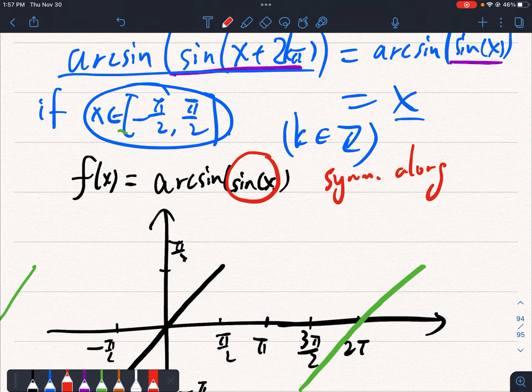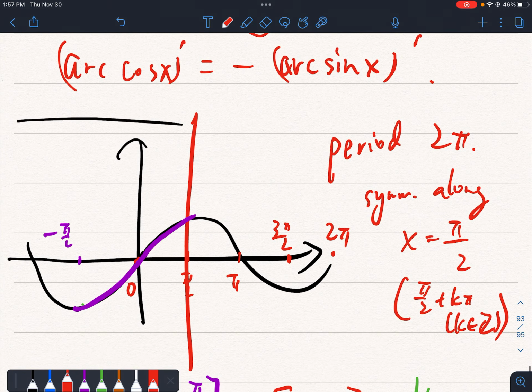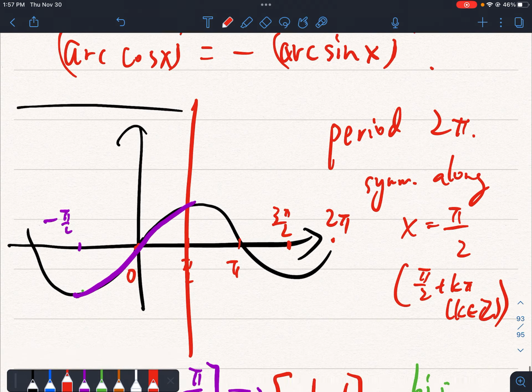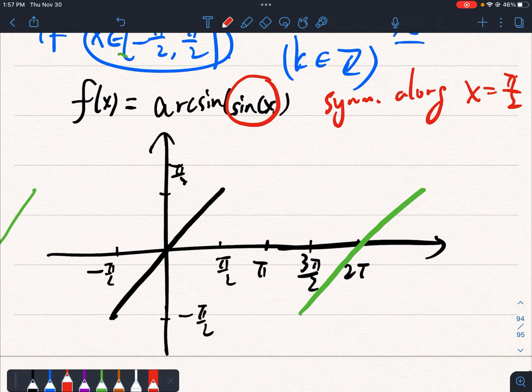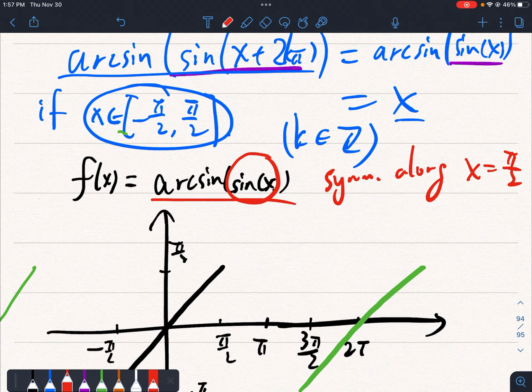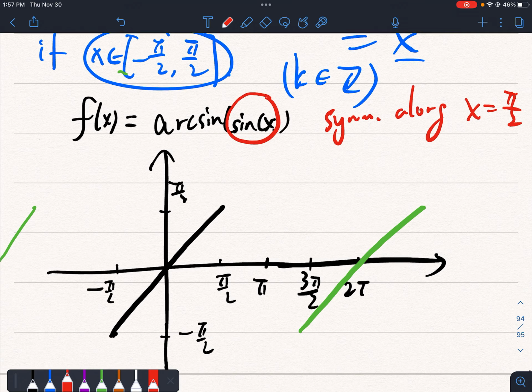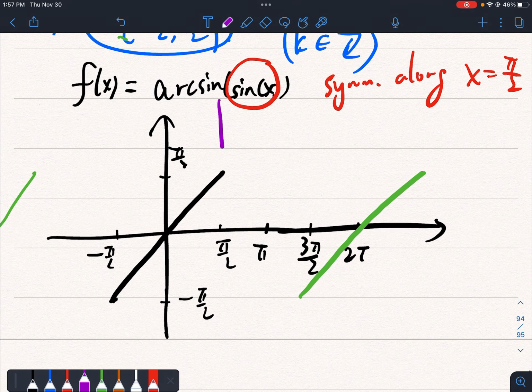And then you can complete the graph, but not to forget that sine of x is also symmetric along x equals pi over 2. Remember, it is symmetric along pi over 2, which means if you take arc sine of sine, then it is also symmetric along x equals pi over 2.